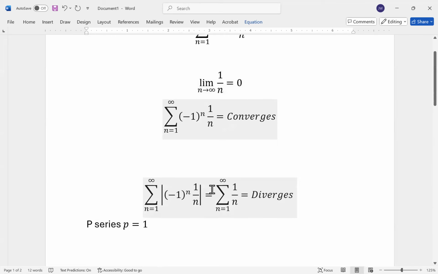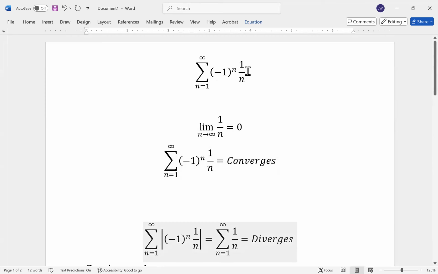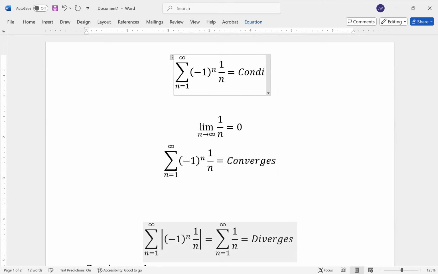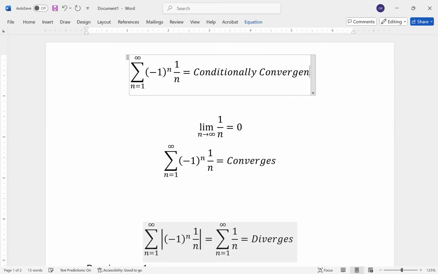By the way, again, what I was saying up here, since the series converged, but the absolute value terms when added up diverged, we would call the original series conditionally convergent. Another way to say that is that the series converges conditionally.